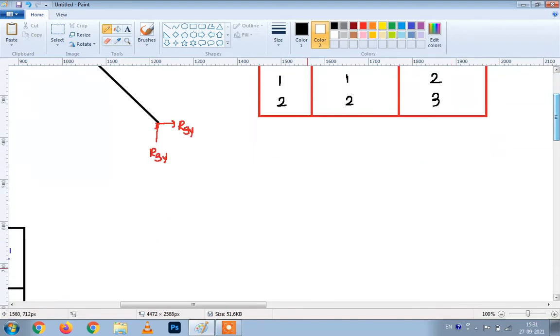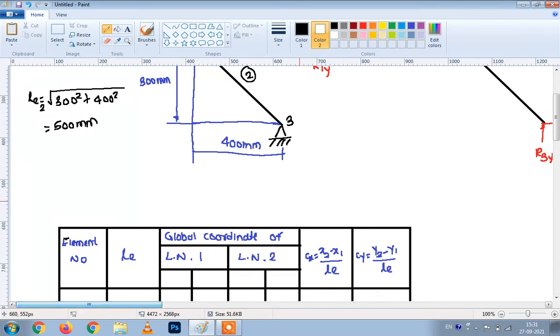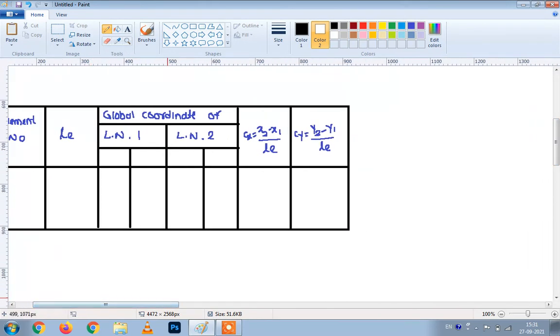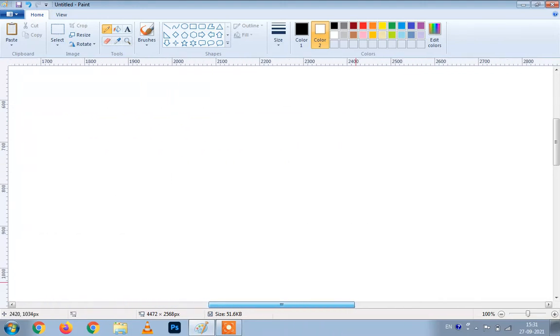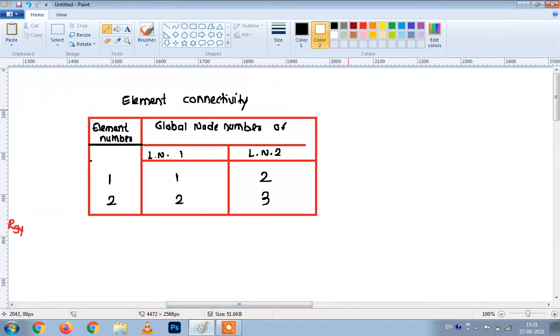After this we will find out the values of Cx and Cy, because the formula for the global stiffness matrix needs the values of Cx square, Cy square, Cx Cy. But before that, we will quickly find the dimension of the global stiffness matrix, for which we need the total degree of freedom.